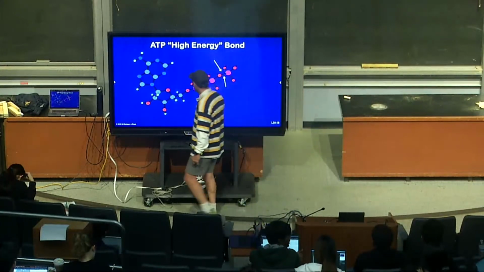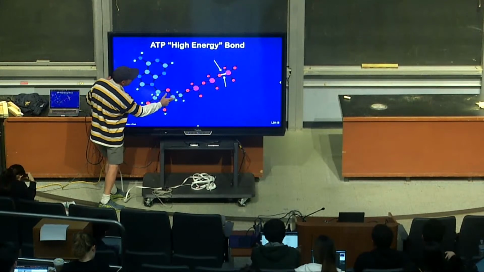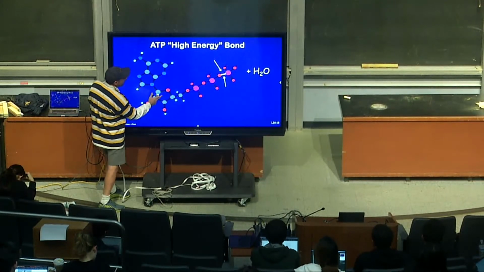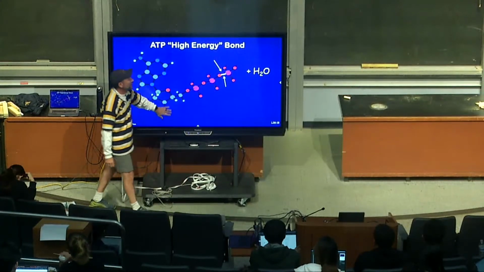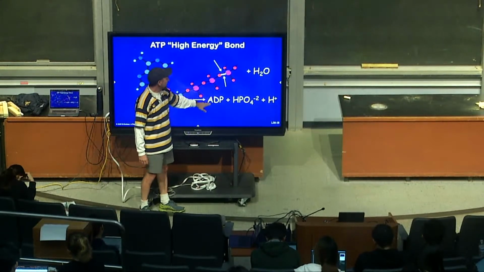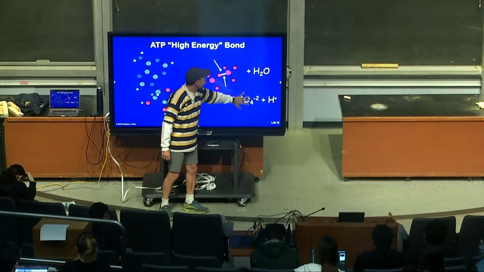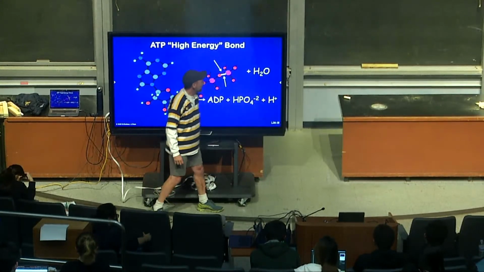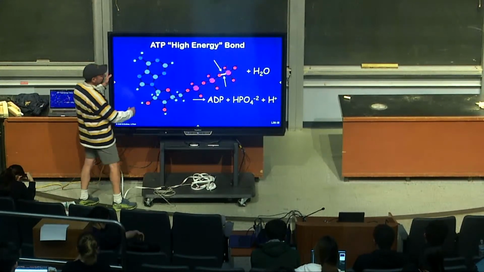Okay? So if I'm going to break that bond, I do it in conjunction. It's a hydrolysis. I do it in conjunction with a reaction with water, and you make adenosine diphosphate. This phosphate comes off. You get the free phosphate and proton. You change the pH when this happens.